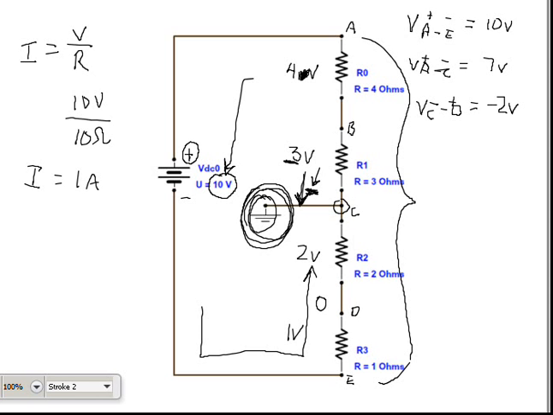Now the absolute value being 2 volts isn't going to change. It's just going to be the meter reading showing me a negative 2 volts, because that says my ground point is going to be higher than my positive probe point.